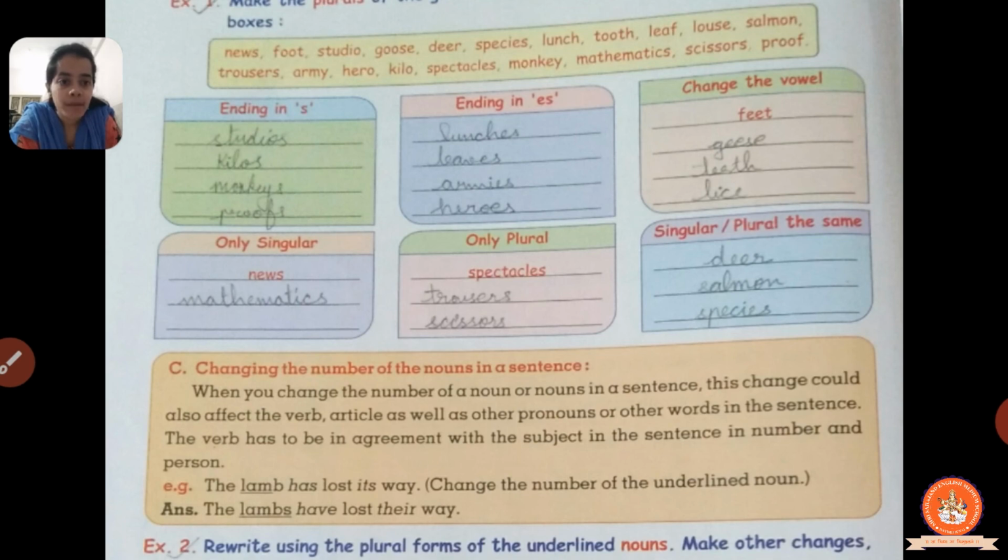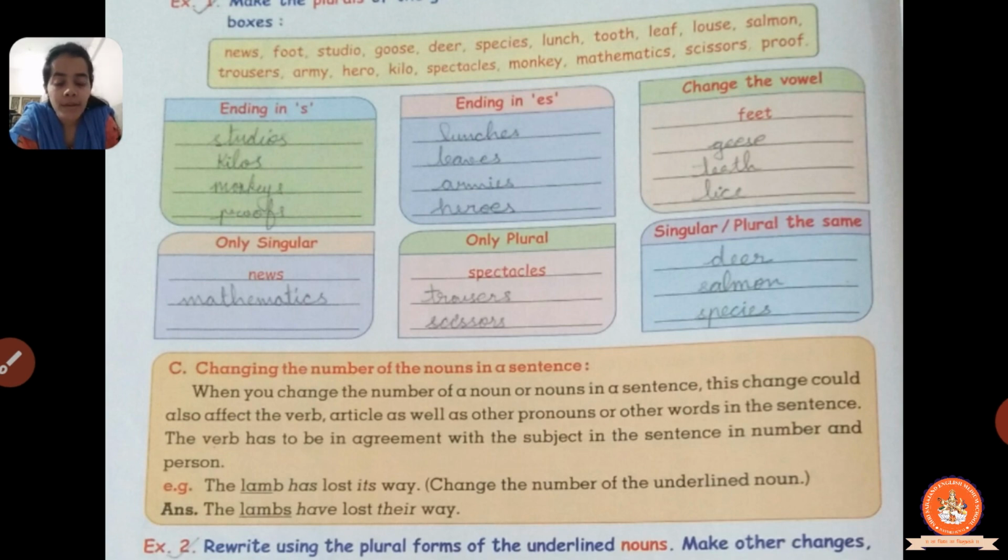So here the example is given, like: the lamb has lost its way. The lamb is the noun, right? So what they've done here: the underlined noun which is given here, you have to convert into the plural form. So the lamb becomes the lambs, right?